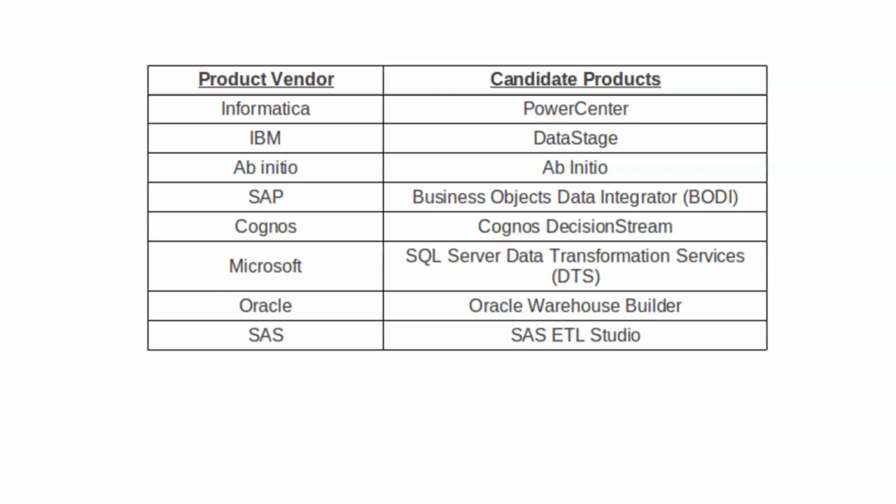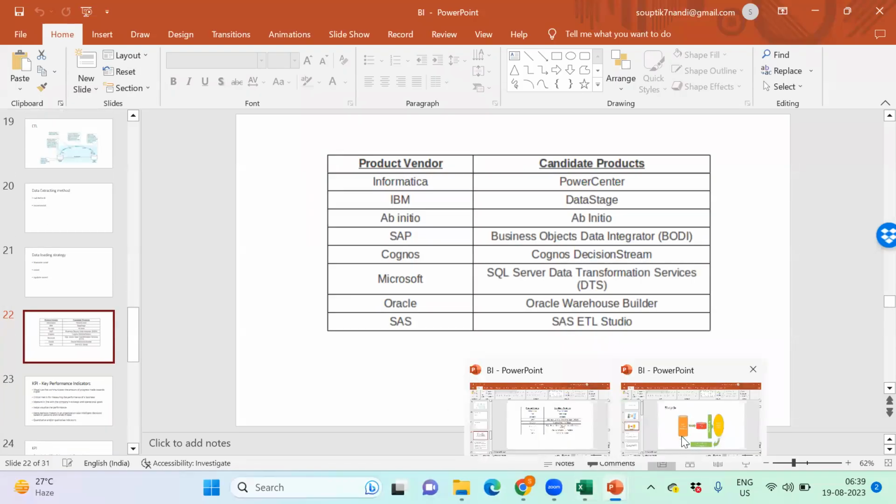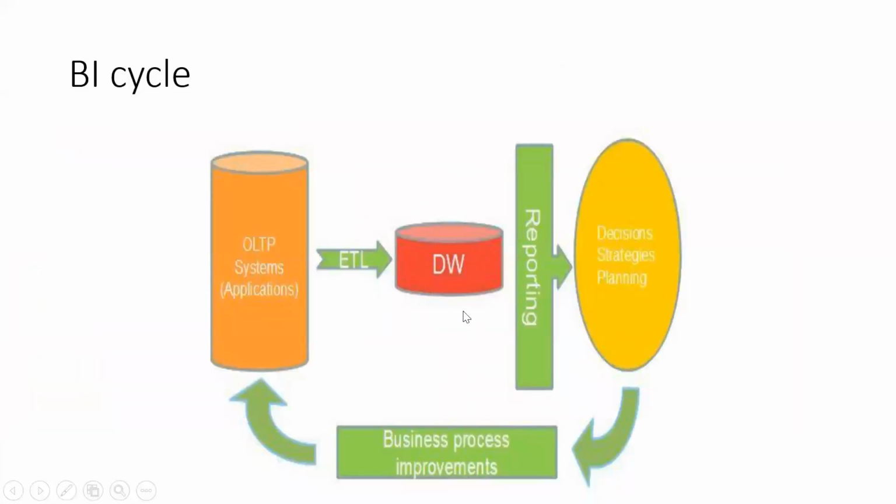Why are we refreshing it? Because I want to make it ready for the next step. What is the next step? Next step is this one. When my data warehouse is ready, there is a layer called reporting. On top of this data warehouse layer, the visualization teams are creating charts and graphs in various tools called Tableau, QlikSense, Power BI.